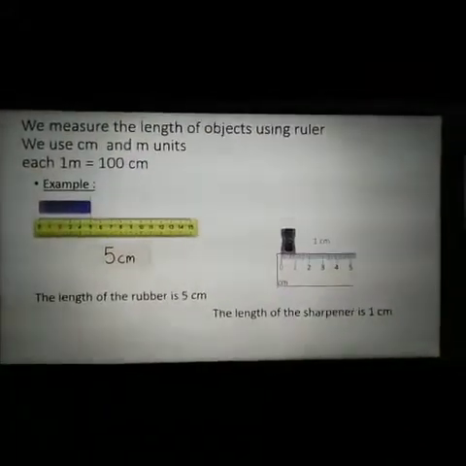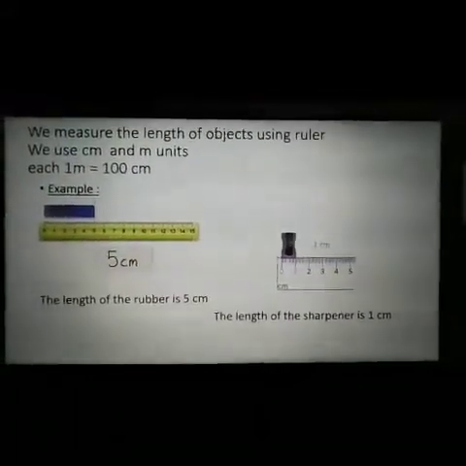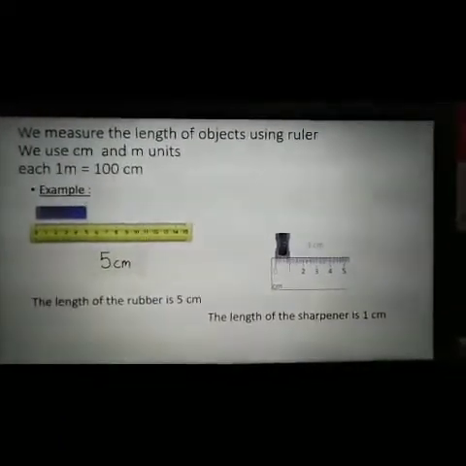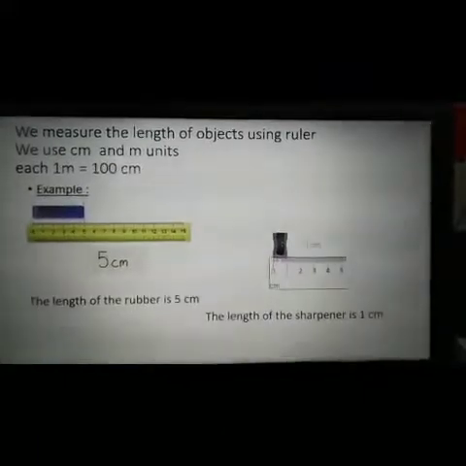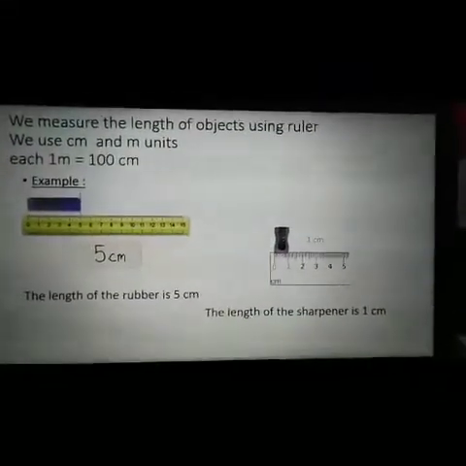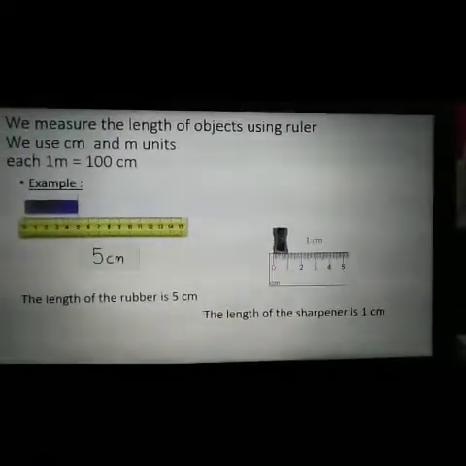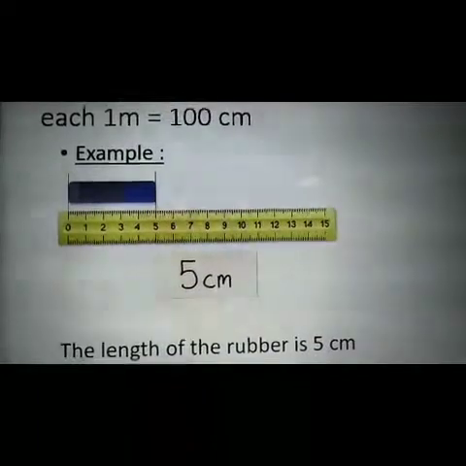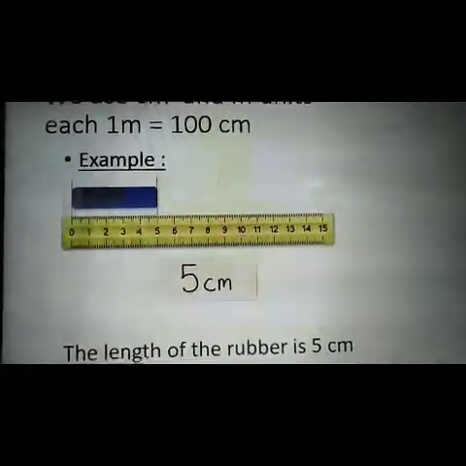Let's start with the length. We measure the length of objects using a ruler. We use the centimeter and the meter units. Now, remember that each 1 meter equals 100 centimeters. Let's take examples to remember together how we find the length of an object.